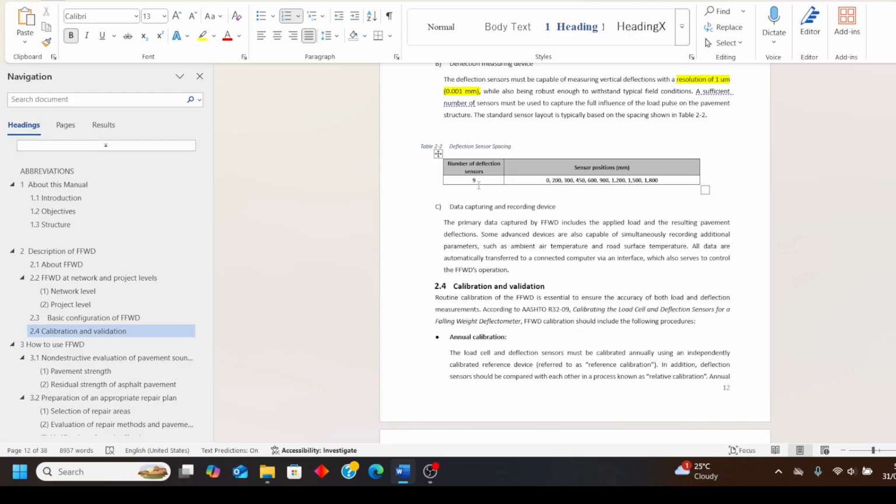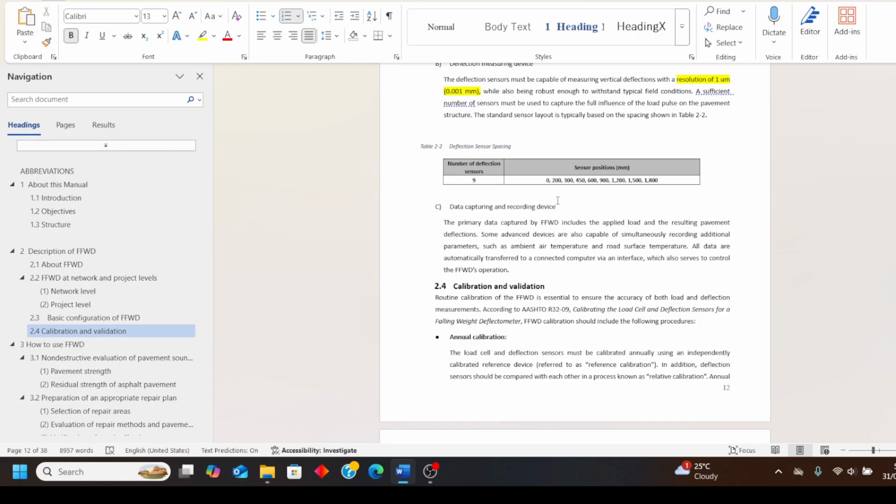There is typically a 9 sensor setup, in millimeters from the center. So 0 is under the plate center, and then we have 200, 300, 450, 600, 900, 1200, 1500, 1800. This creates a deflection basin profile, the curve of how the pavement spreads under the load.